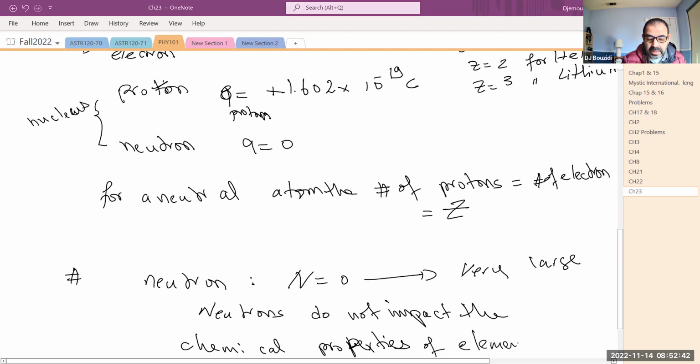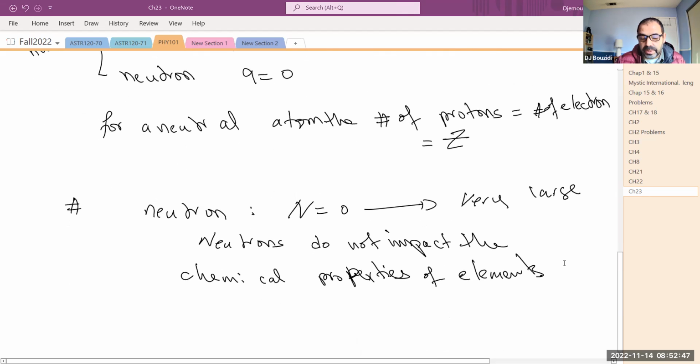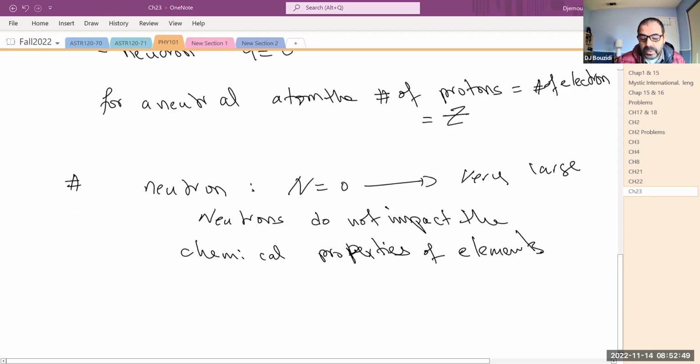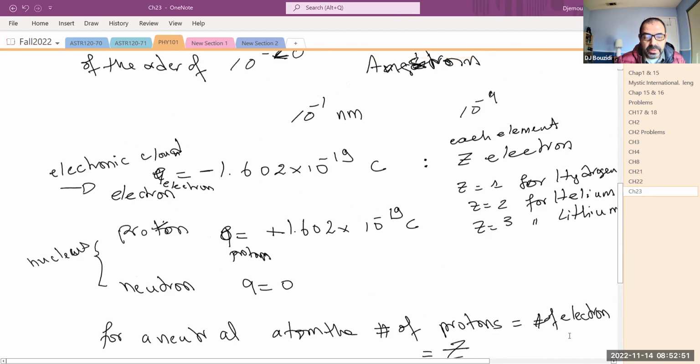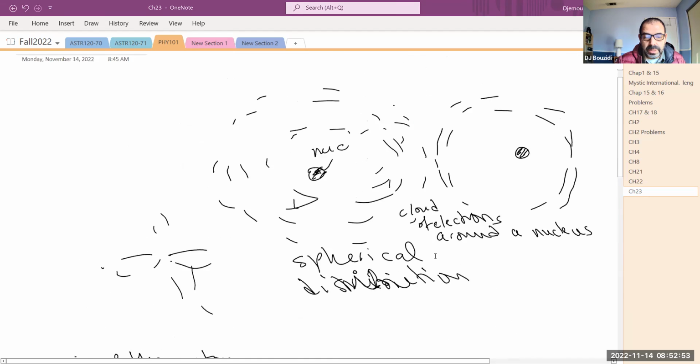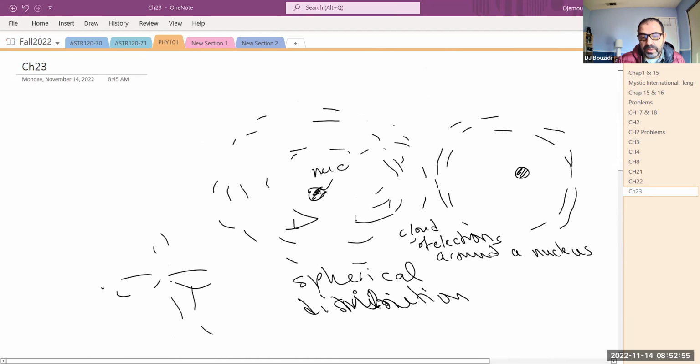As a matter of fact, the entire nucleus does not even contribute to the chemistry at all. The nucleus is too dense inside, and it does not participate in any chemical reaction. I mean, it's involved in nuclear reactions, that's true, but not in chemistry.